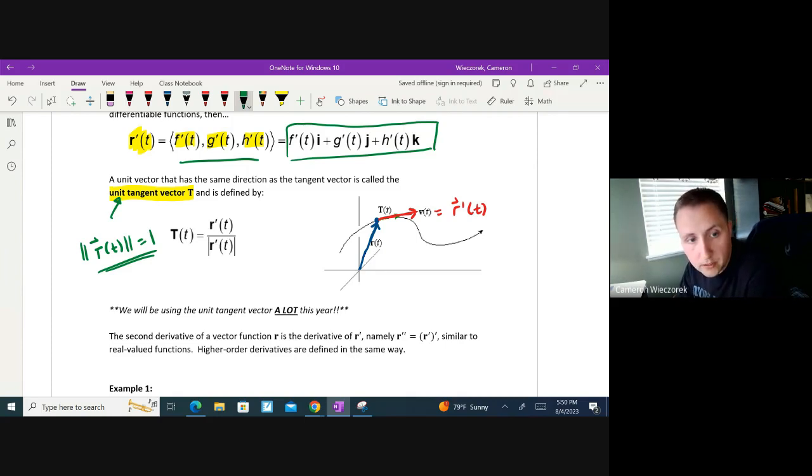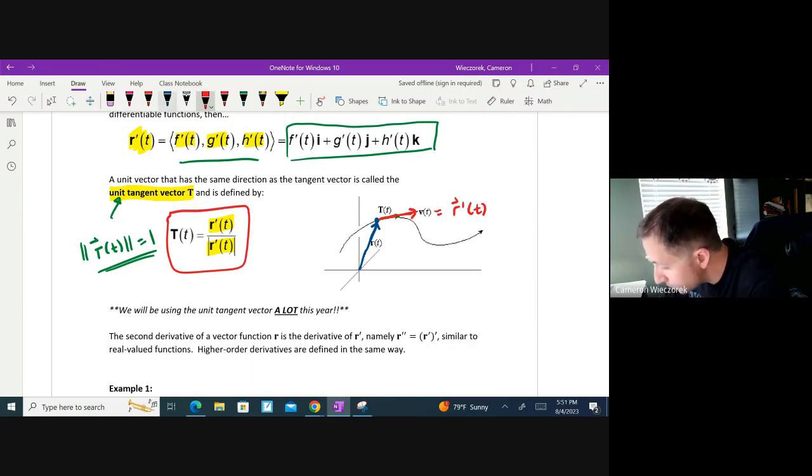We take our vector and we divide by the magnitude of that vector. So my tangent vector is r prime of t. To make it a unit vector, I'm going to divide by the magnitude of r prime of t, that vector norm. And that creates what's called the unit tangent vector. In my picture, I'm going to outline that in pink. That would be this little vector right here.